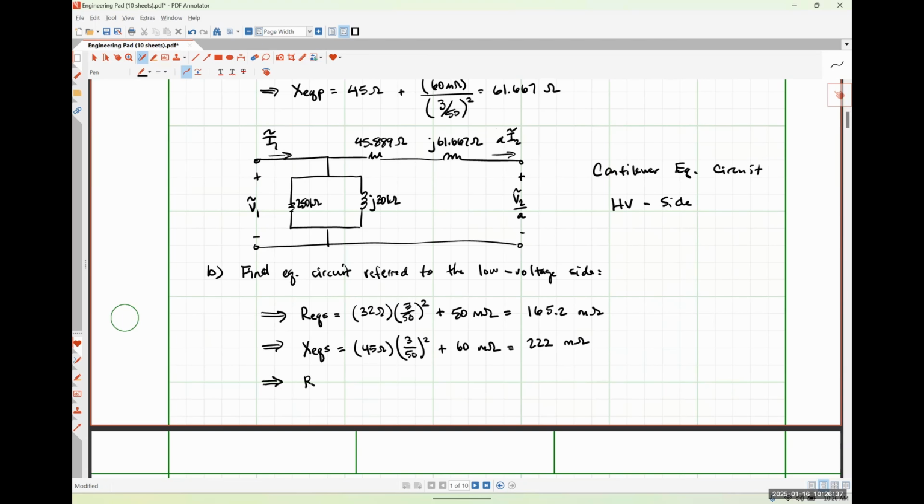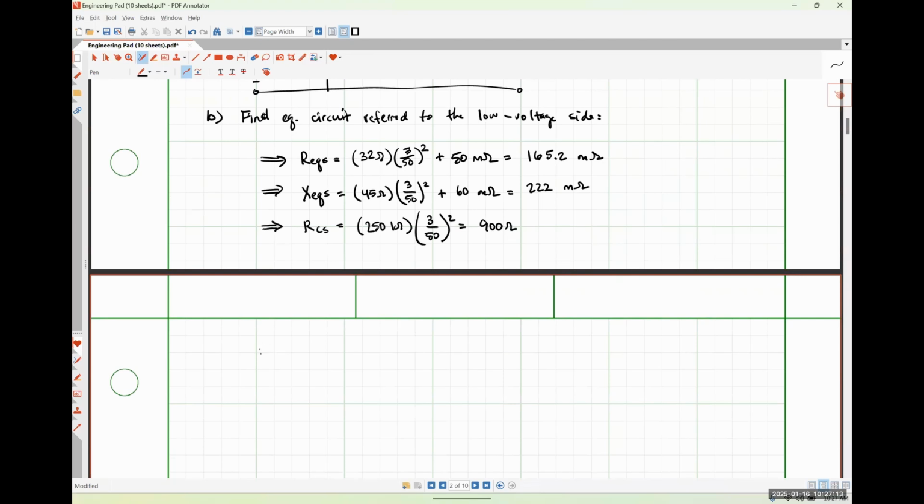Now let's worry about the core resistance referred to the secondary side, so that's why I'm calling it RCS. We're just going to treat it as if it were just a resistance, because that's all it is. So that's going to be 250 kiloohms times 3 over 50 squared, and that comes out to be 900 ohms.